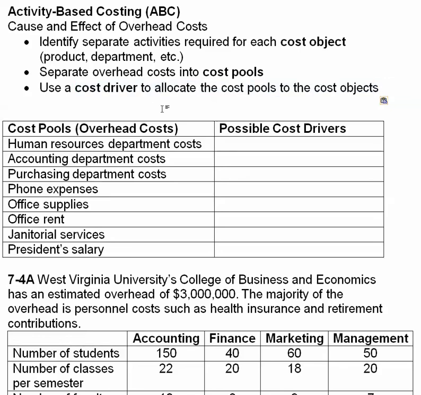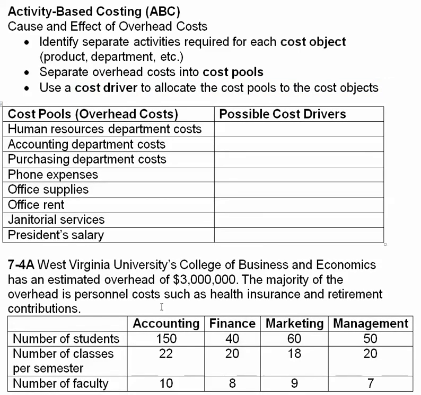So here are some cost pools. We have the Human Resources Department. The Human Resources Department is there for the benefit of making the product, or whatever your cost object is. So how would you go about splitting up those costs to the different cost objects?